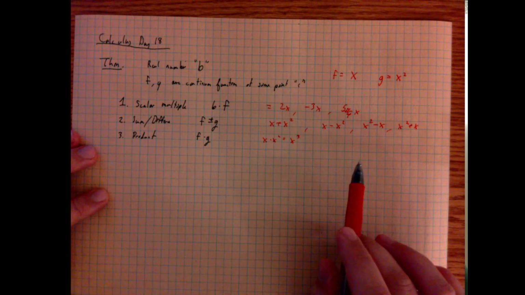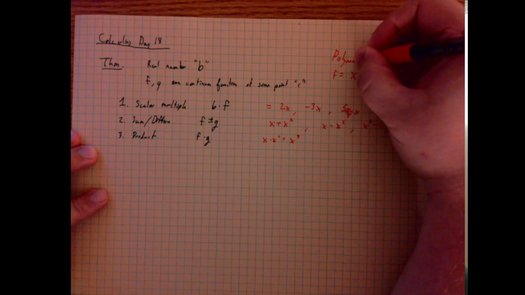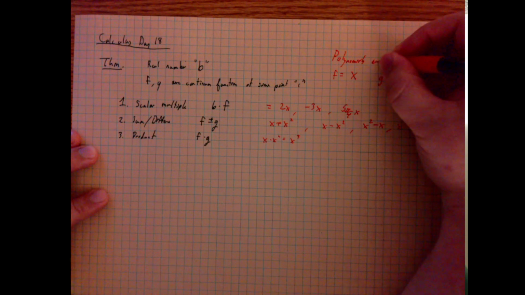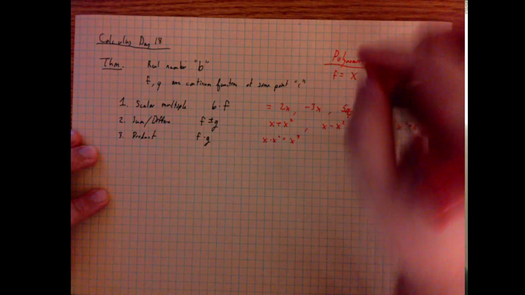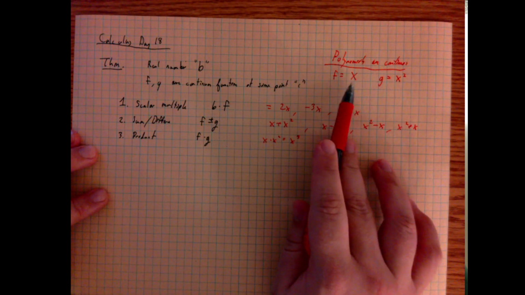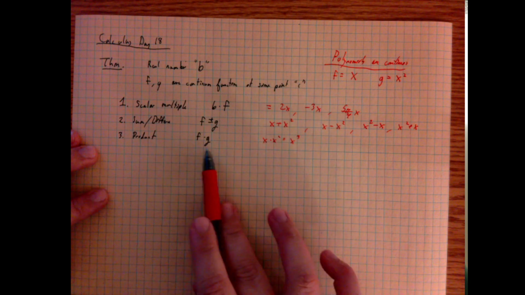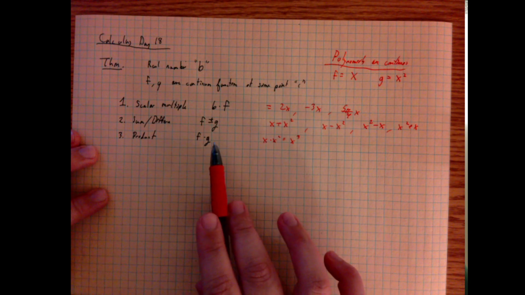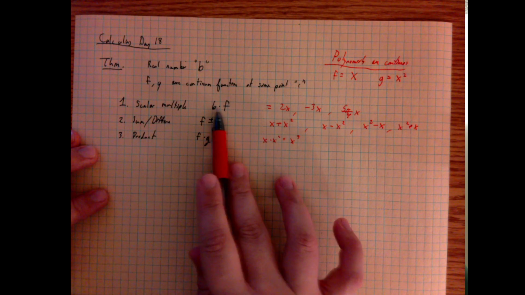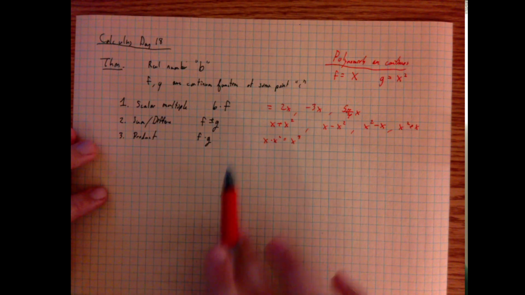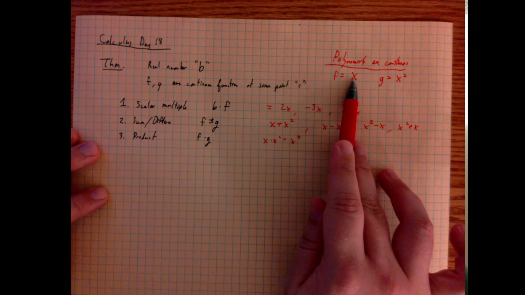And so you can see why last time we said that all polynomials are continuous. If we just know x is continuous, then we can eventually build every other polynomial by adding, subtracting, multiplying bigger and bigger x's, or multiplying by a constant, and then putting them together. So you can build the entire polynomial set just by knowing that x works.